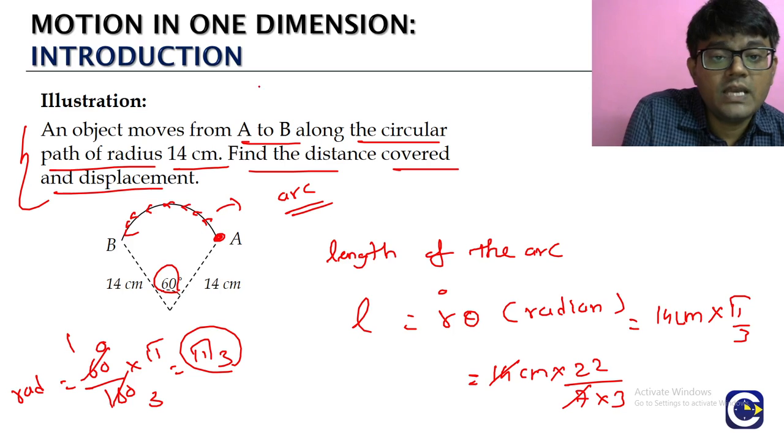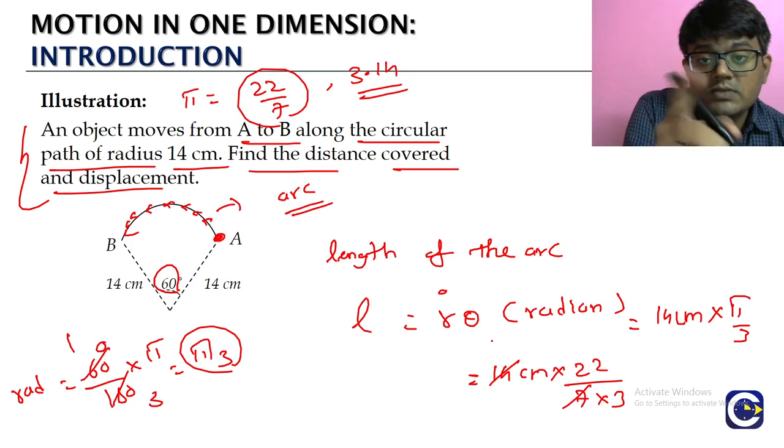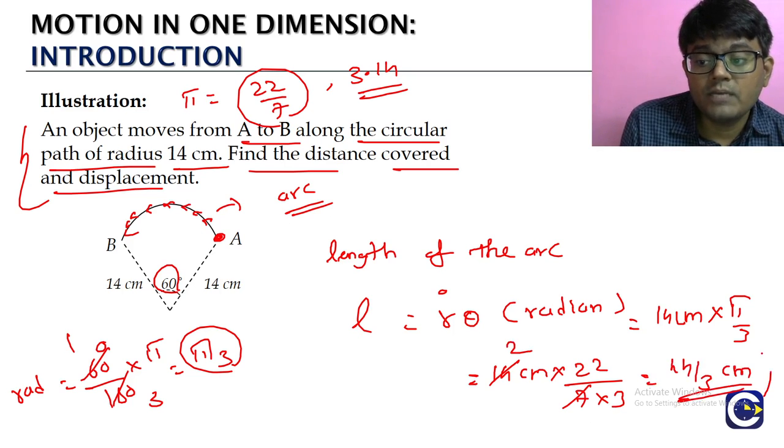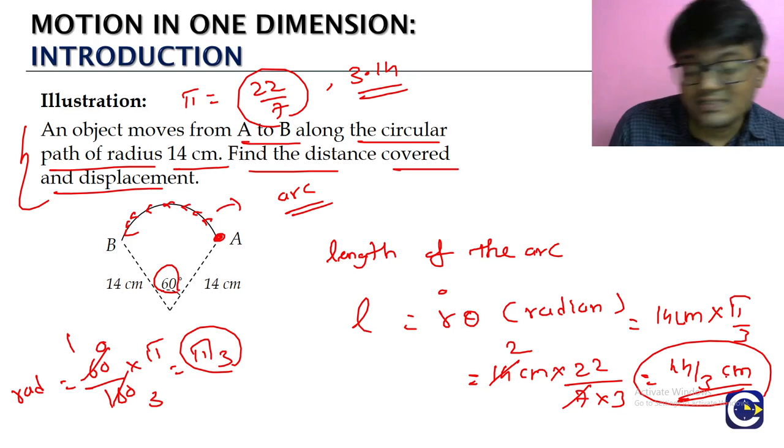Otherwise normally we have two options, right? Either we can take pi as 22 by 7, or we can take the decimal value 3.14. Here why are we choosing 22 by 7? Because we see that there is a 14 in the numerator. It will get cancelled. 7 ones are 7, 7 twos are 14. What is it? 44 by 3. The unit is going to be centimeter. That is the distance covered.